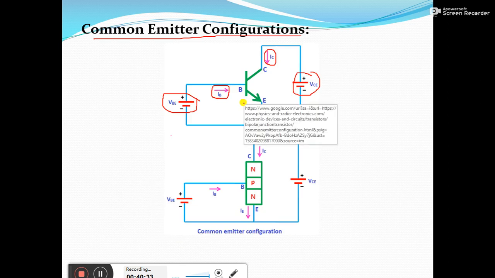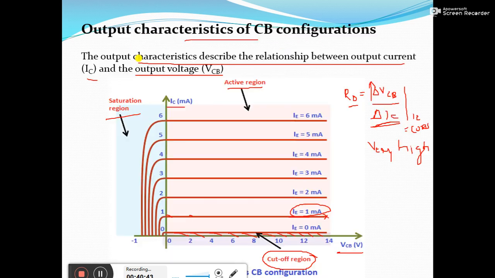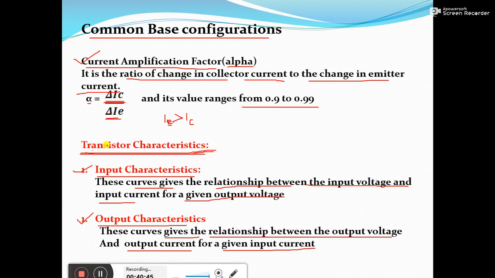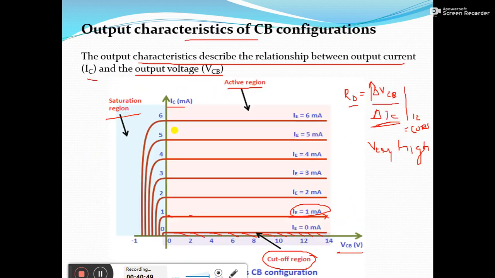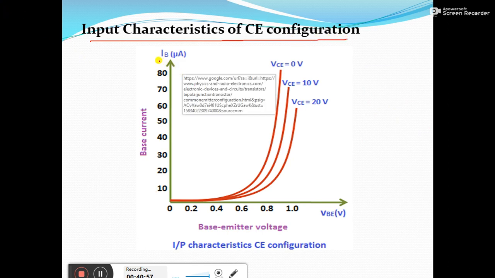Again, in order to understand the behavior of the transistor in common emitter configuration, we should study its characteristics. Again, as in the previous case, they are classified into two types: input and output characteristics. First we shall see the input characteristics of the CE configuration.